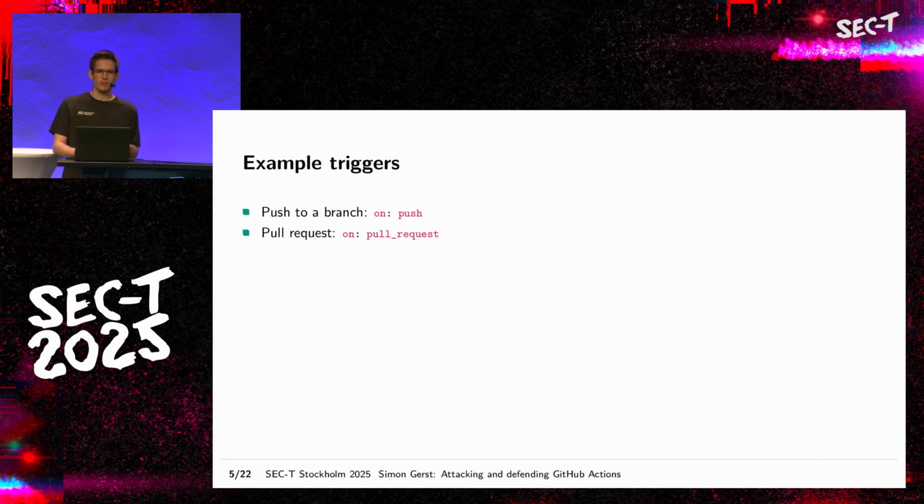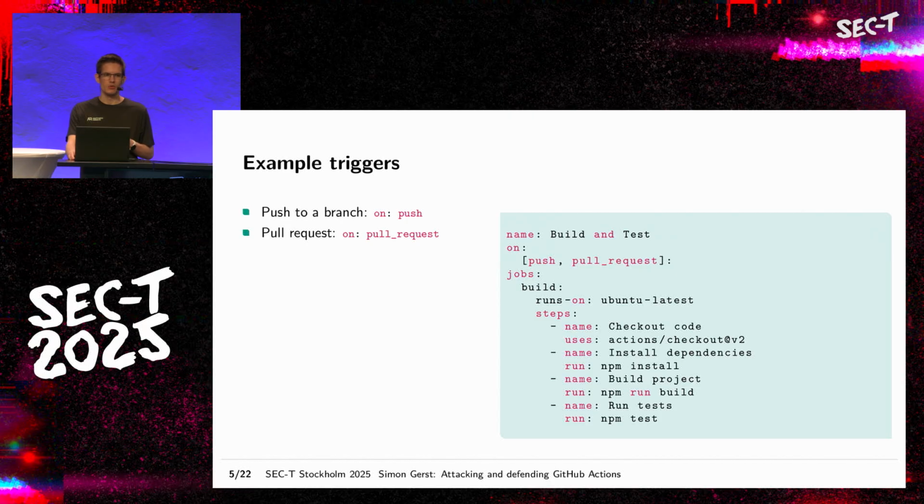As I already said, some common triggers are pushing to a branch, on push, on pull request. So you can do something like build and test, which checks every new commit you've pushed and every pull request you opened. It just checks out the code, installs dependencies, builds the project, and then runs the tests.